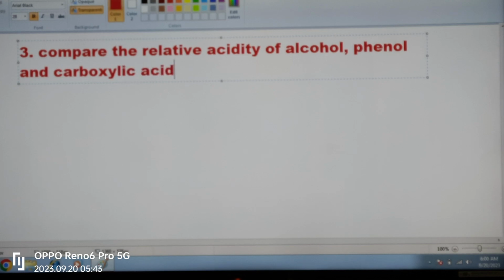So here the question is: compare the relative acidity of alcohol, phenol and carboxylic acids.